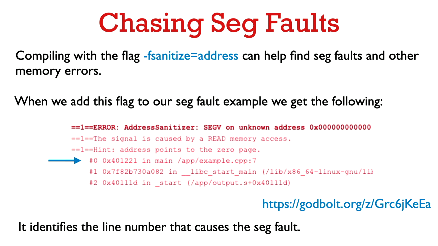What's nice about this error message is that it refers to line 7 of our program, and that's exactly the line that was causing the segmentation fault. So AddressSanitizer can be really helpful for tracking down segmentation faults.